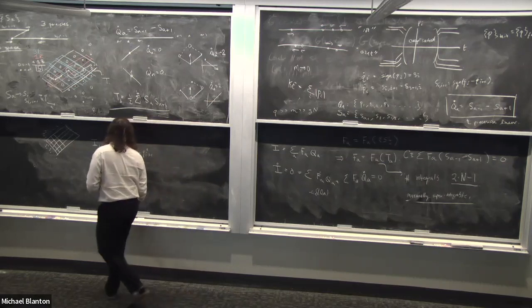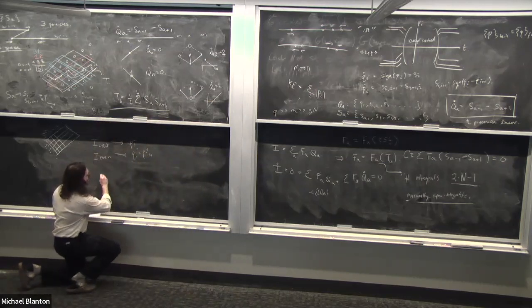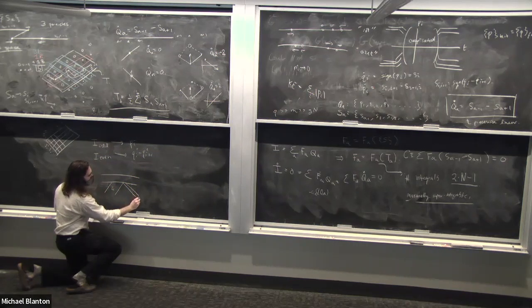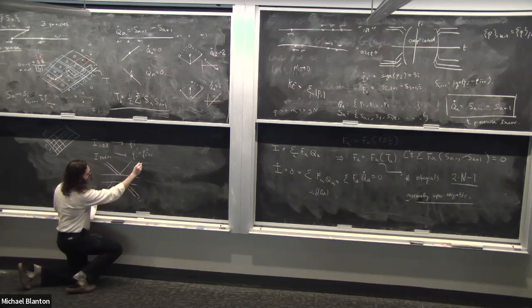So what this means is that the scattering in this model looks something like this. You have some clump of right movers coming in. You have some other clump of left movers. And after their interaction, they stay exactly the same width.